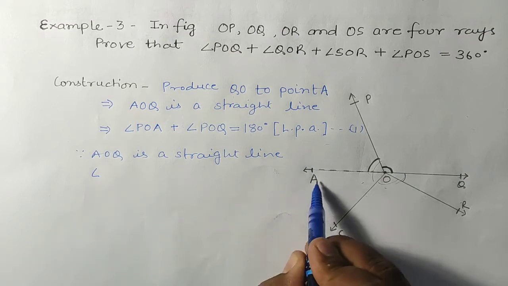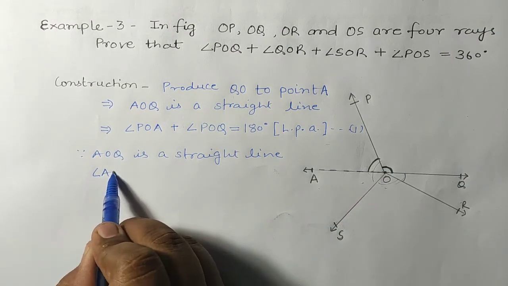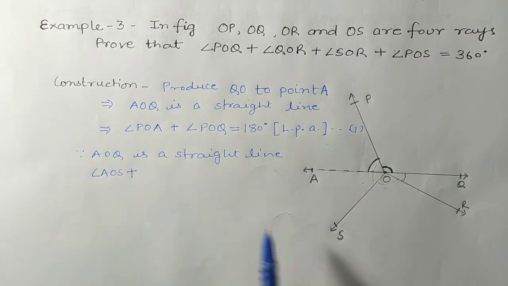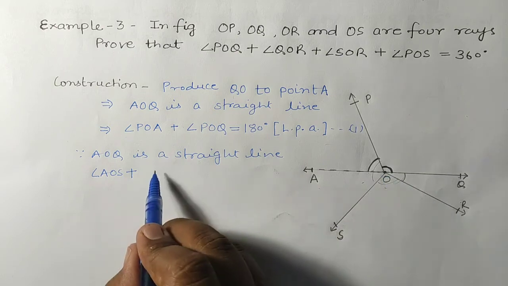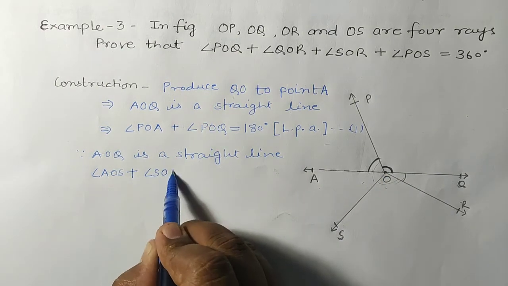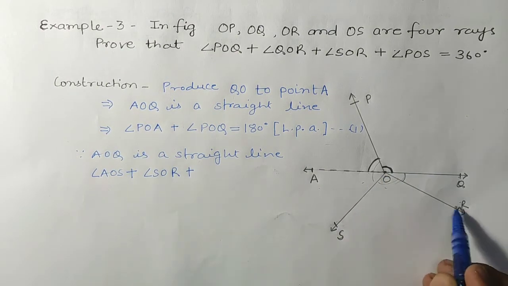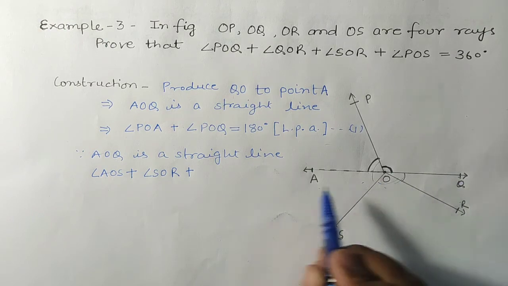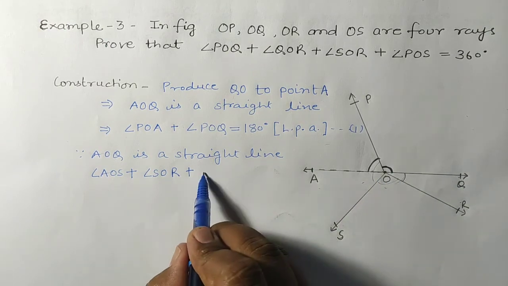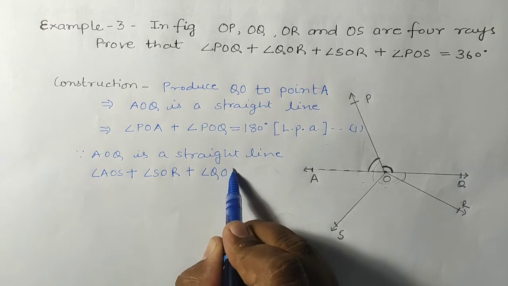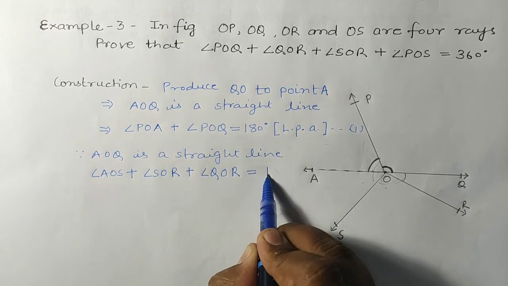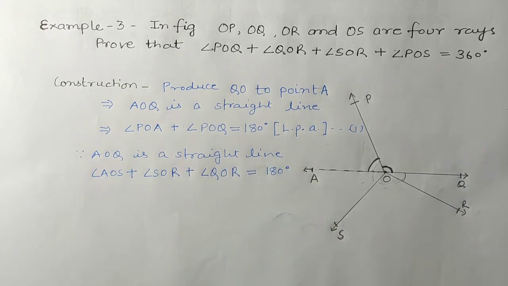So we can write that angle AOS plus angle SOR plus angle ROQ, or you can write QOR also, the sum of all these angles should also be 180 degrees.